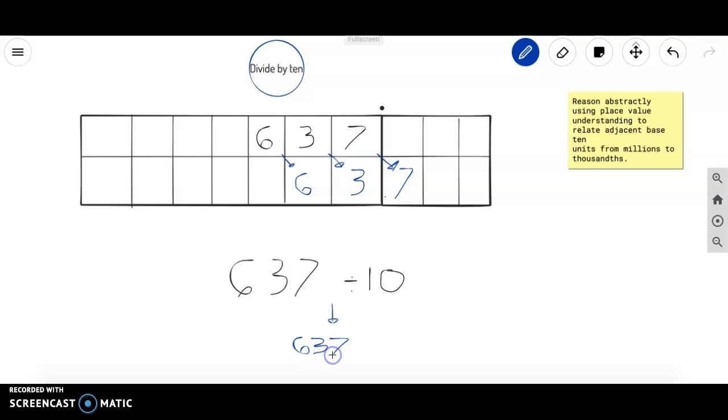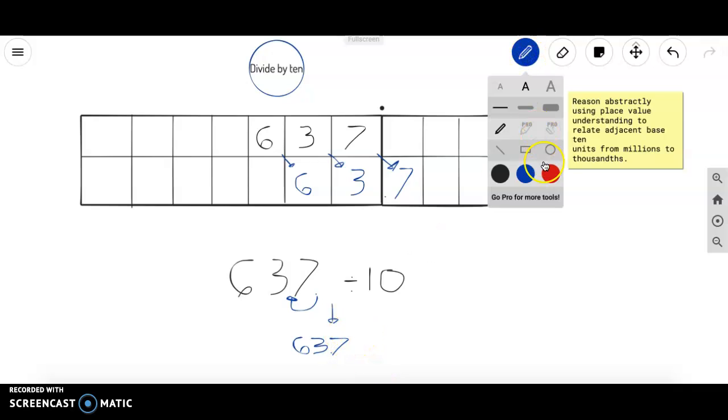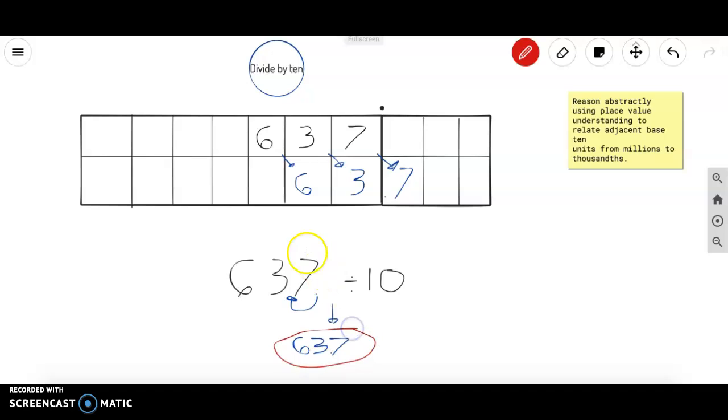But this time I'm imagining this is getting smaller, but because there's no zeros there, I can't necessarily follow the same rule. I'm imagining there's a decimal place here, and I'm just moving it over. So now it's 63.7. I'll circle our answers here in red.